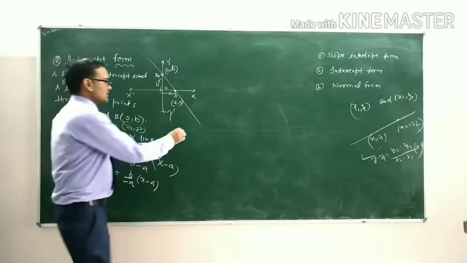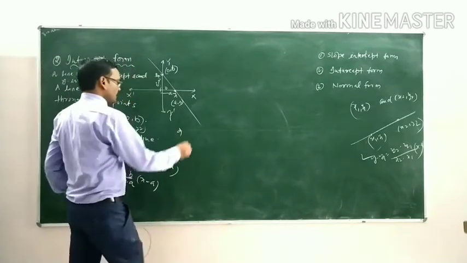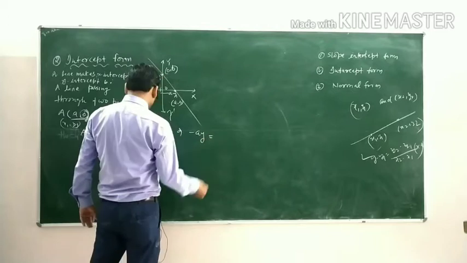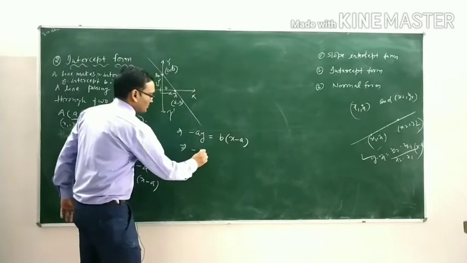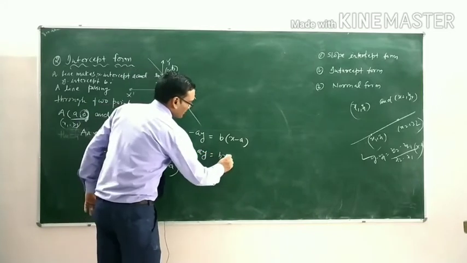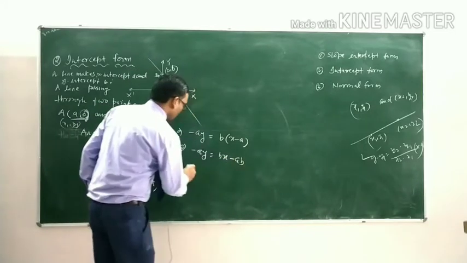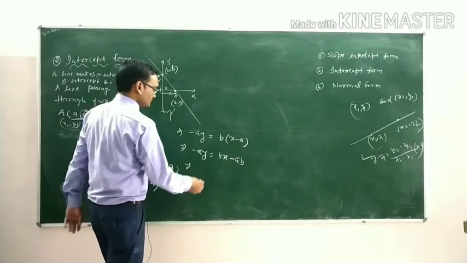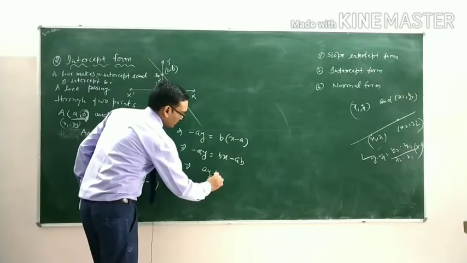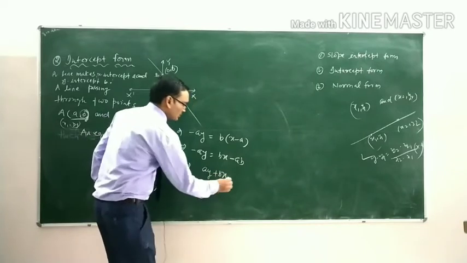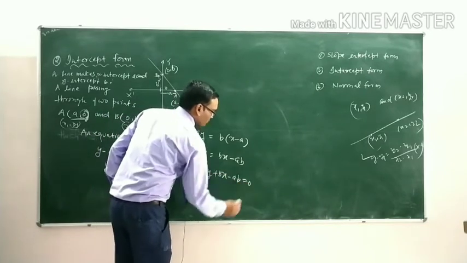Okay students, this implies that minus ay is equal to bx minus ab. This implies that minus ay equals bx minus ab. This implies that ay plus bx minus ab equal to 0.